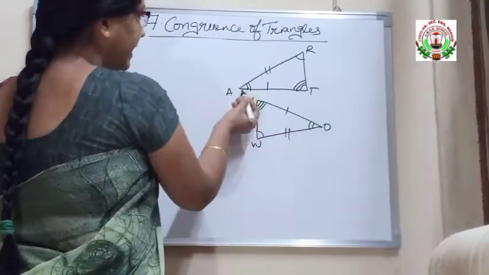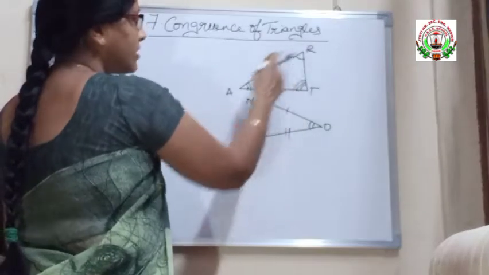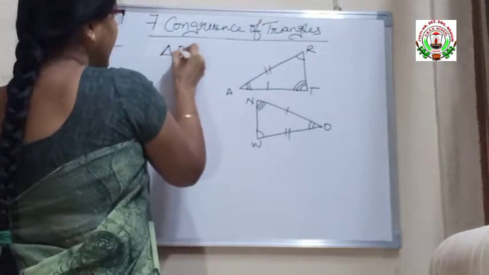See, first, we are going to start with angle R, because it is triangle RAT.